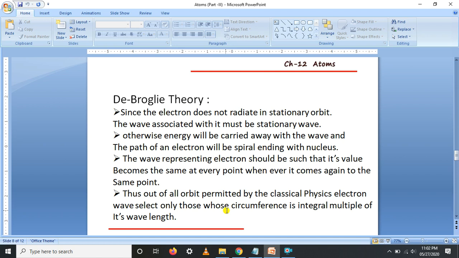So whenever the orbit is permitted, then all the orbit-permitted electrons will select some circumference of the orbit, and that has an integral multiple of its wavelength.